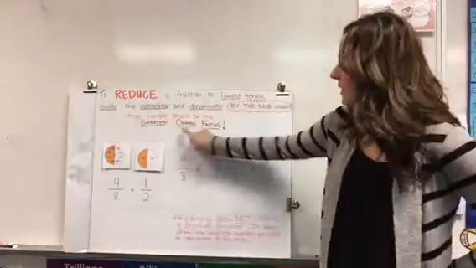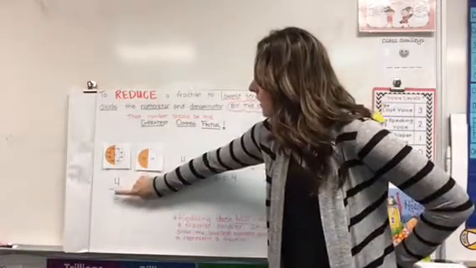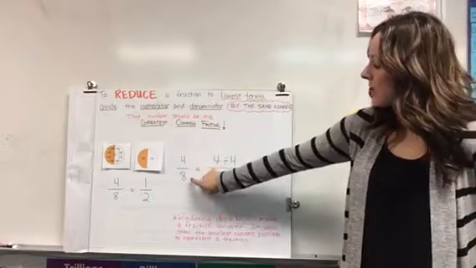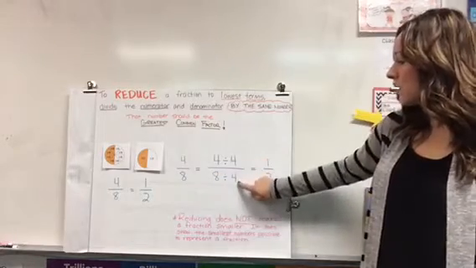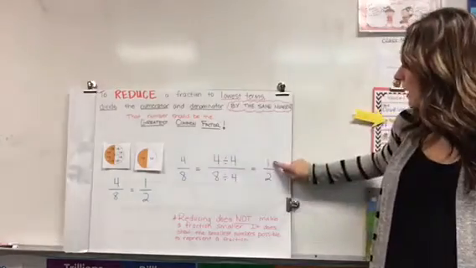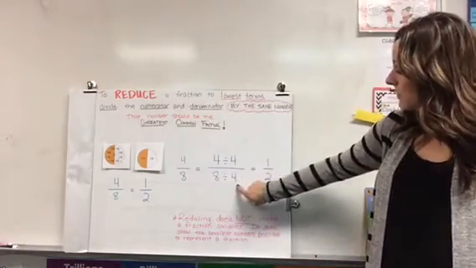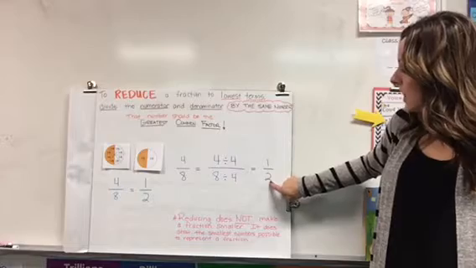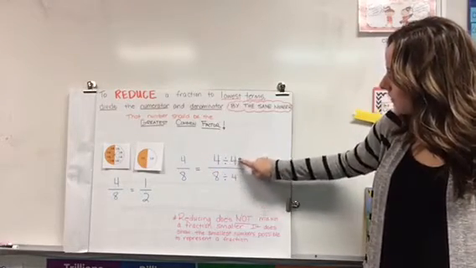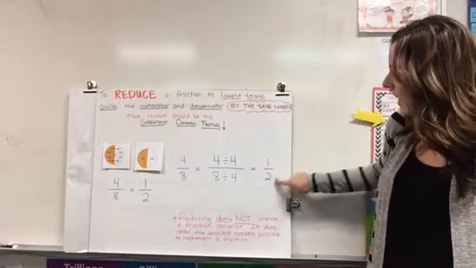And so the greatest common factor of 4 and 8 is 4. So I'm going to divide my numerator and my denominator by 4. When you divide 4 by 4, you get 1. And when you divide 8 by 4, you get 2. And so you can see that 4/8 divided by 4/4 equals 1/2.